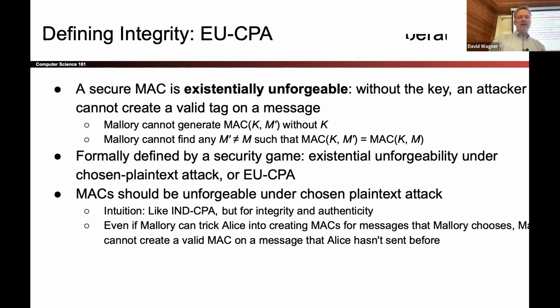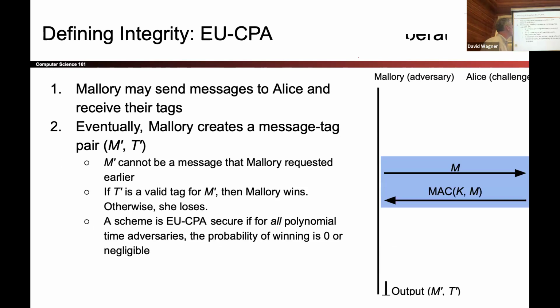This hypothetical game has two parties: Mallory and Alice. Mallory is the attacker. In this game, Mallory is able to give Alice a whole bunch of messages to send. Alice sends those and applies the correct tag, and Mallory gets to observe what was sent. So Mallory can use any message and observe what the tag for it is.